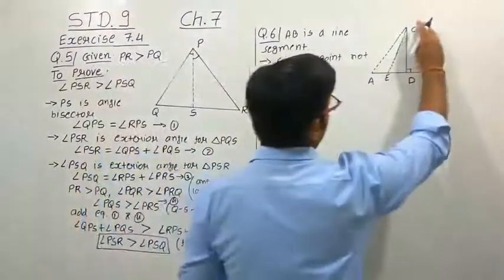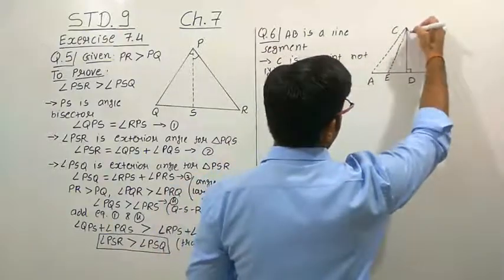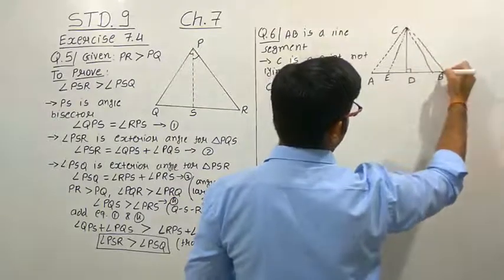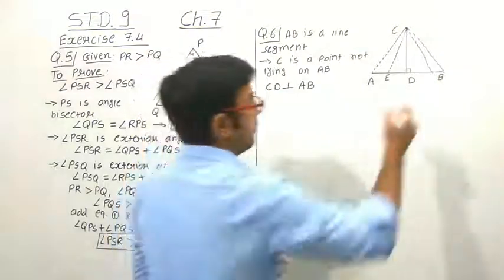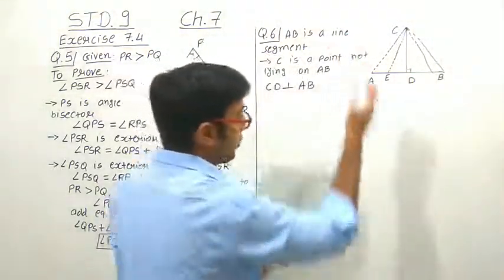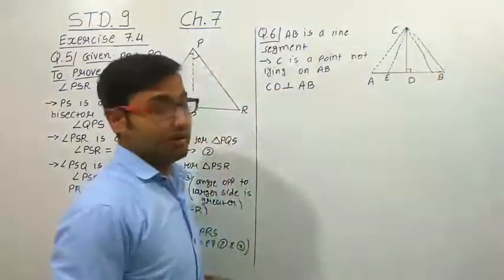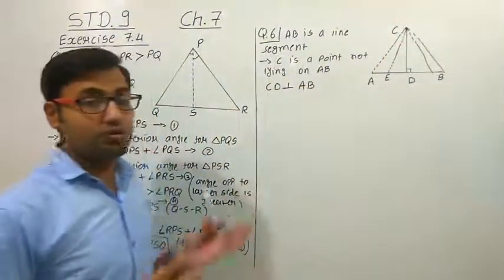We can also draw the points on the right hand side as well. Out of all the line segments from this point to the line segment AB, the shortest is the one which is perpendicular. This is the longer, this is the shortest. That we have to prove.